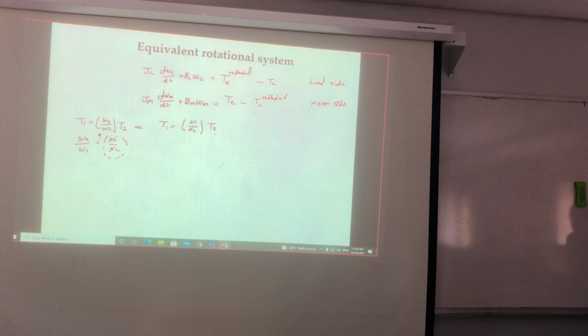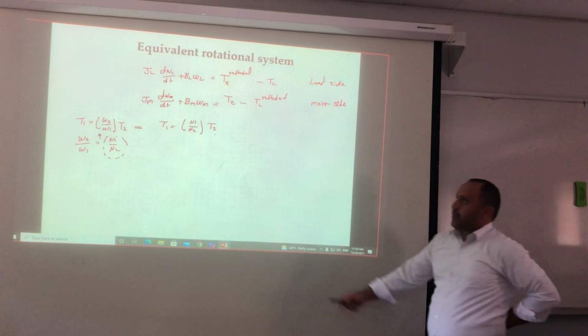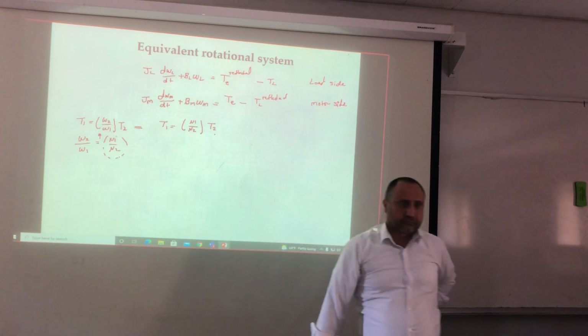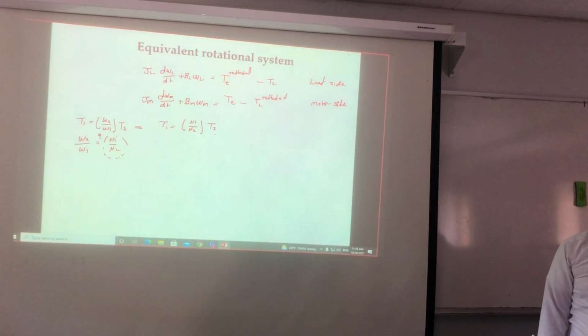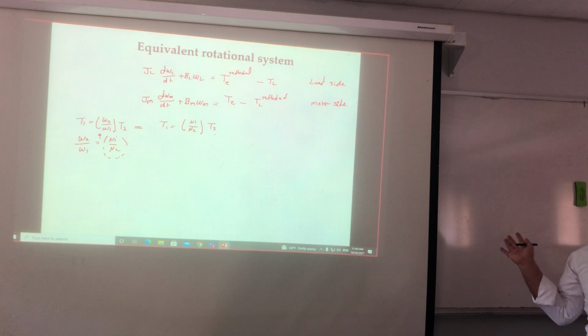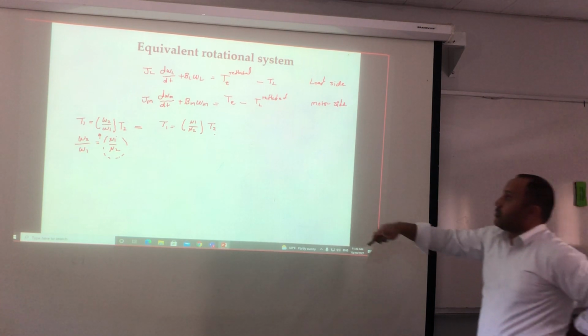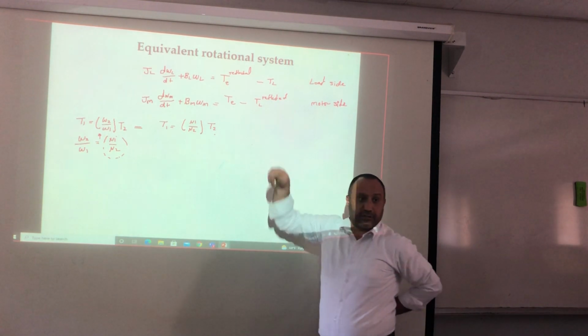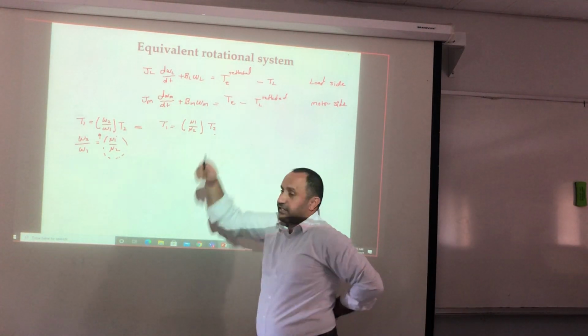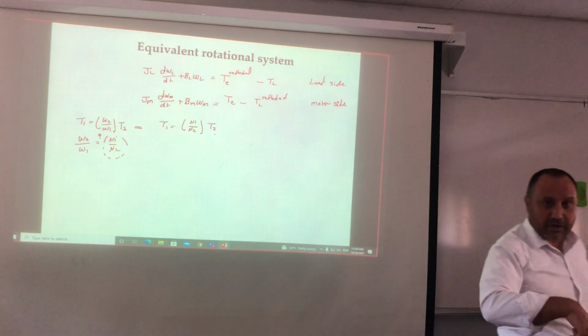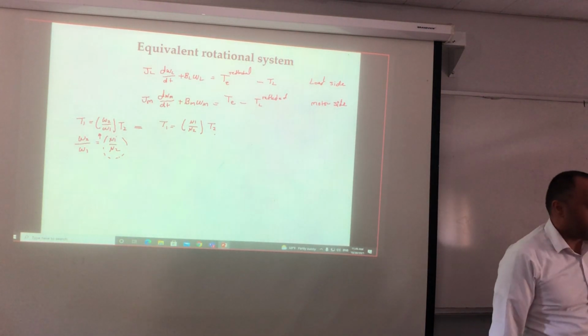So here, what am I reflecting to what? The load to the motor side. So this will be T load reflected. Correct? Now if I need to write T motor reflected, it will be N2 over N1. Correct? Good.